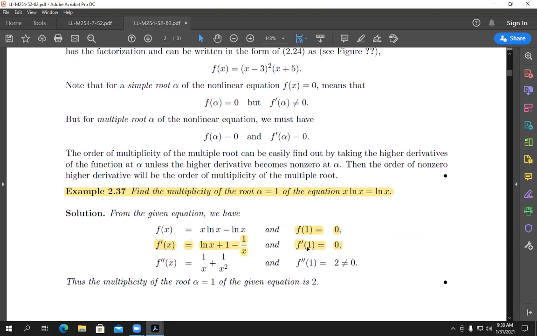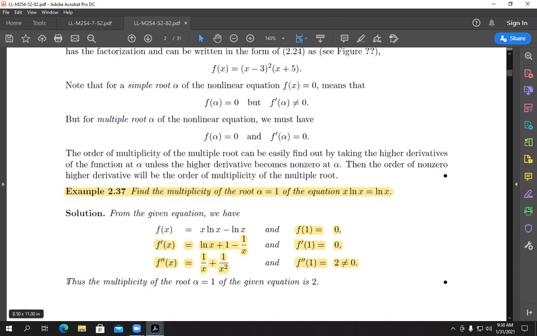When you have a multiple root, you have to check how many times it's repeating. You have to continue to take the derivative. When you take the next derivative, the derivative of ln x is 1 over x, the derivative of 1 is 0, and the derivative of 1 over x is minus 1 over x squared, minus negative is positive. So we have this one. Check your derivative at alpha equal to 1, which is 1 by 1 plus 1 by 1, so we have 2.